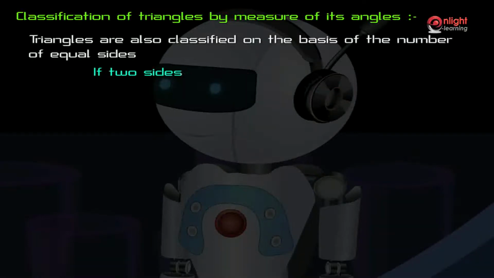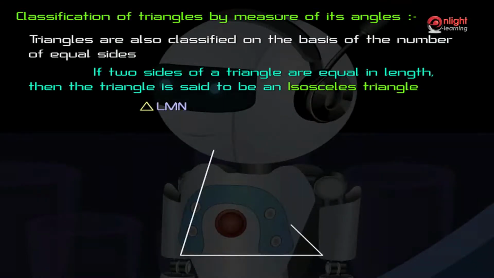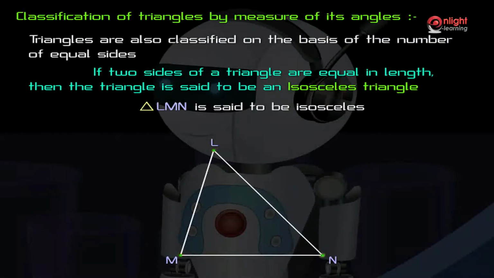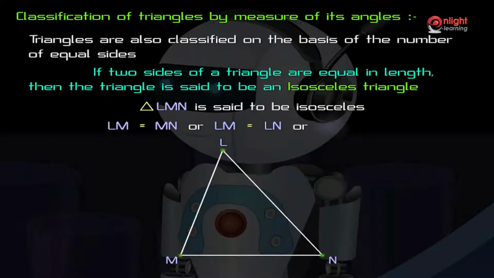If two sides of a triangle are equal in length, then the triangle is said to be an isosceles triangle. Triangle LMN is said to be isosceles if any two sides of the triangle are equal. That is, LM is equal to MN or LM is equal to LN or MN is equal to LN.